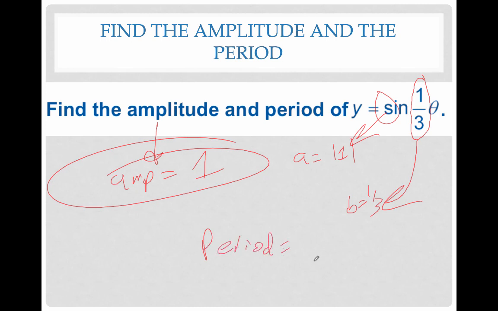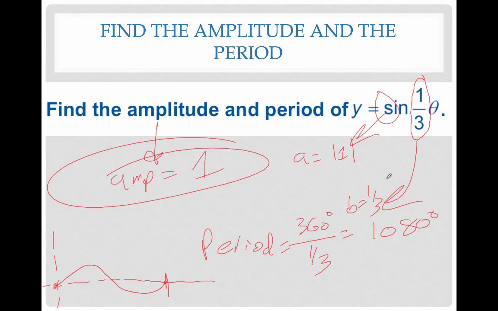Period is equal to 360 divided by the value of B. Well, what is 360 divided by 1/3? Flip the second guy and multiply. That's going to be 1080. That means to get through up, down, up, it's going to take me 1080 degrees to get done.